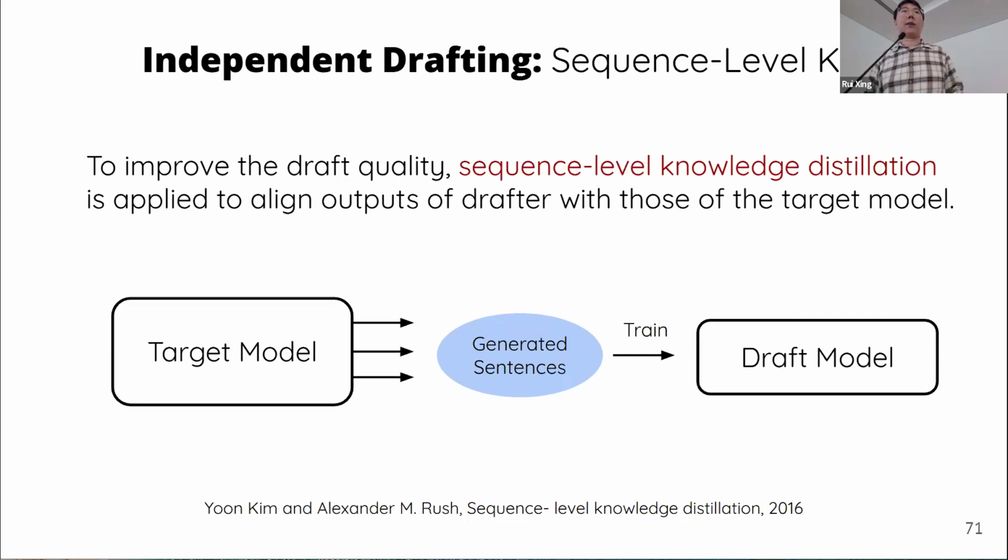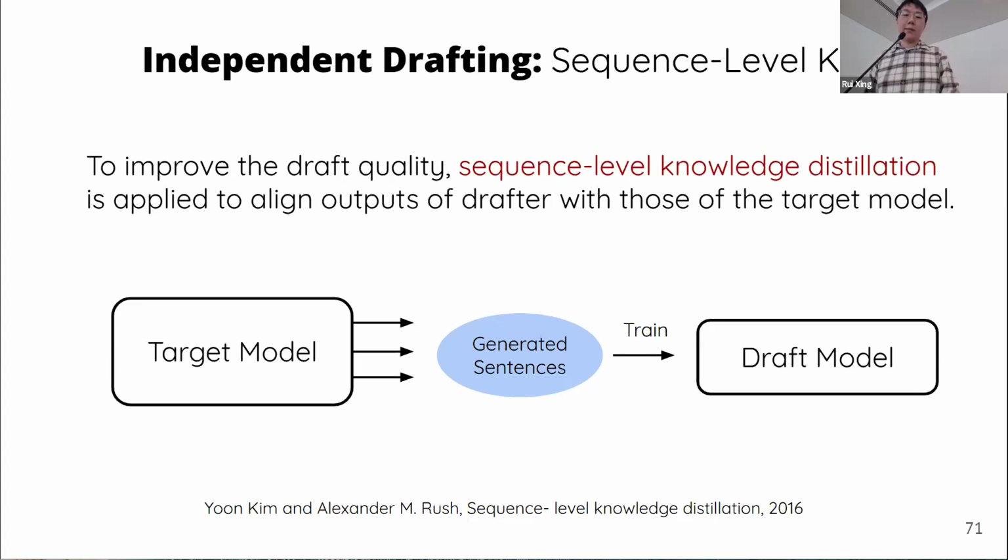And the target model gives different responses. We use these as paired data to train the drafter model. That's the core idea behind it. First we use the target model to generate tons of sentences, and we use these sentences to train the draft model to align its distribution with the target model. It's also a very common technique in current speculative decoding and was proposed in 2016.